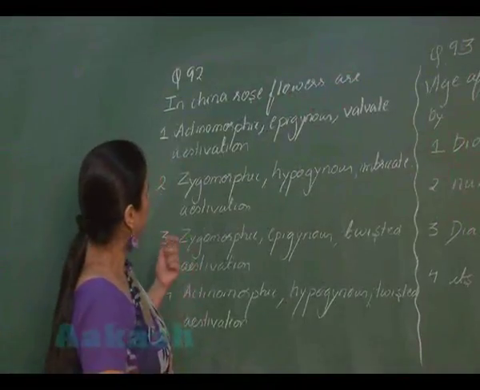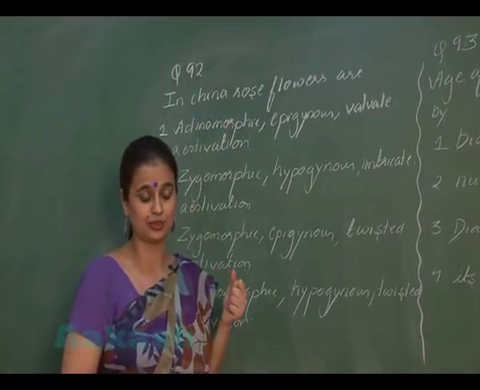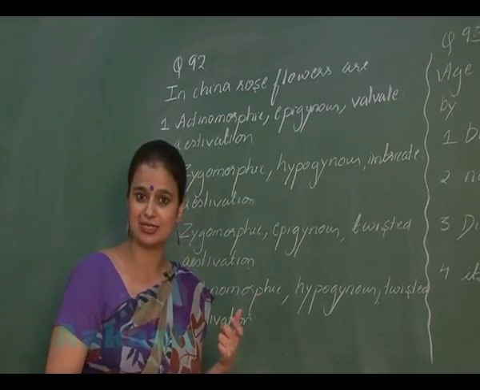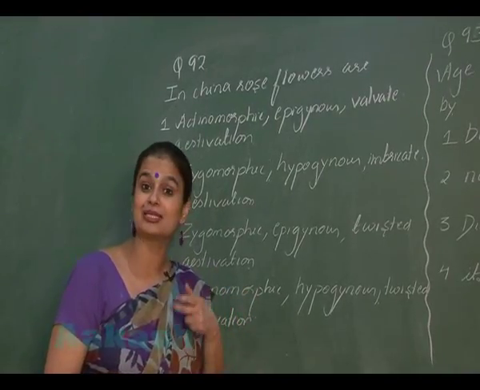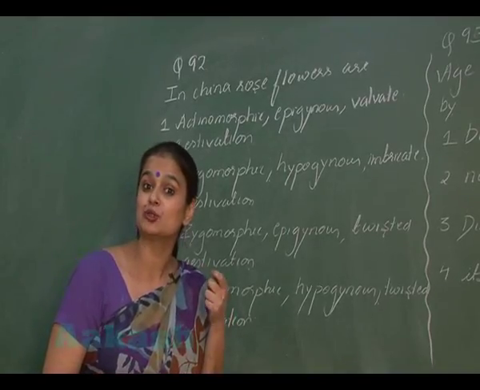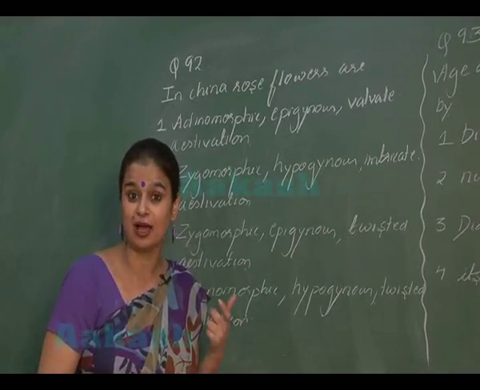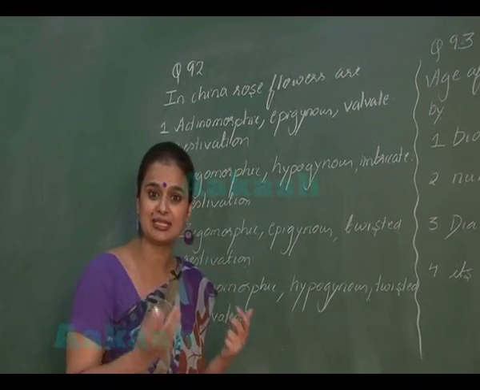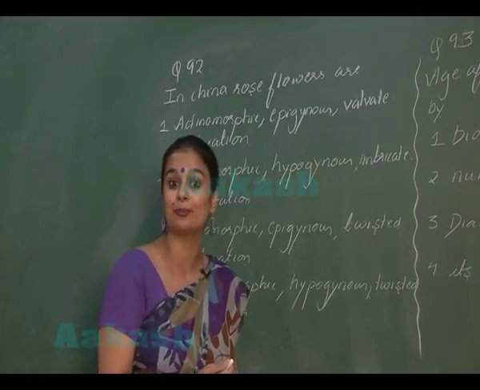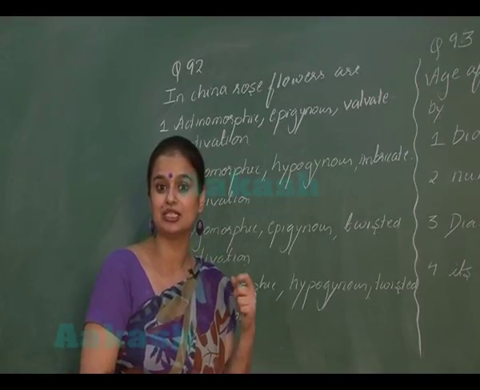In question number 92, we have to choose the correct option with respect to the China rose. In the case of China rose, the flowers have radial symmetry. This is known as actinomorphic condition. Ovary is superior, meaning there is presence of hypogynous flowers, and the aestivation, that is the arrangement of sepals or petals, shows twisted condition.